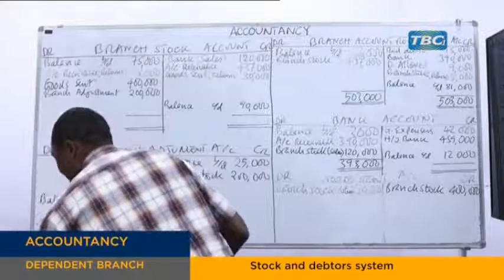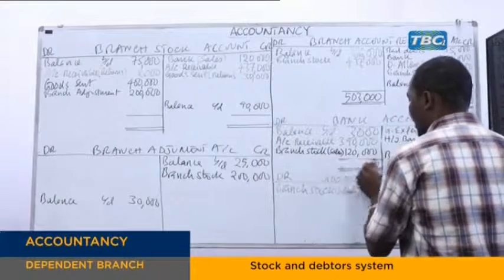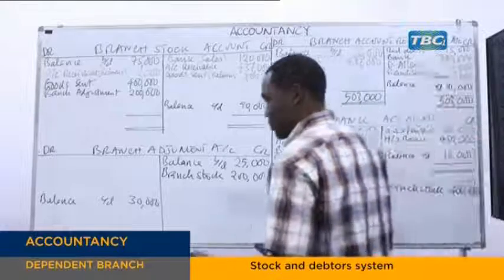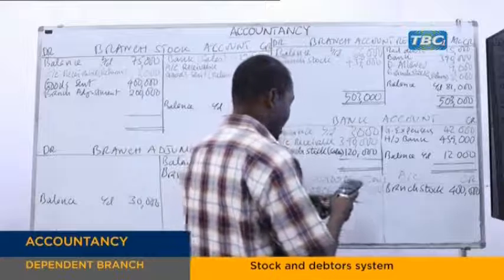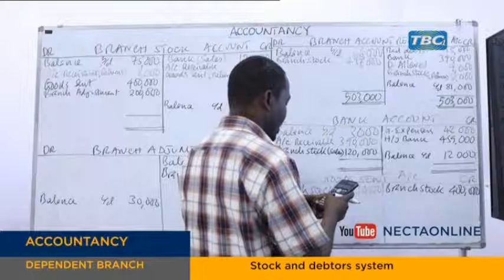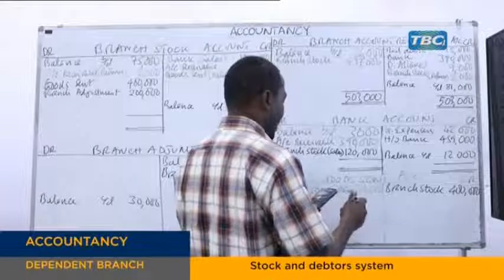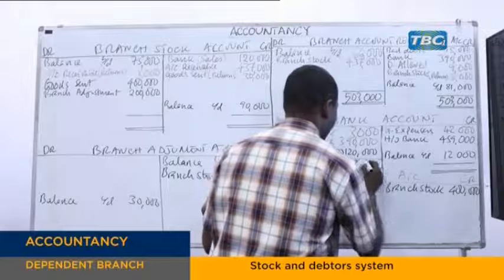Okay, we compute the difference. We compute now to get the total: 3,000 plus 390,000 plus 120. We get the total of 513.